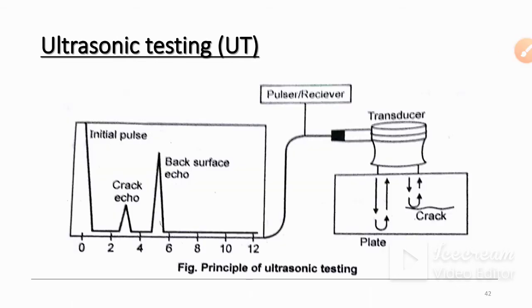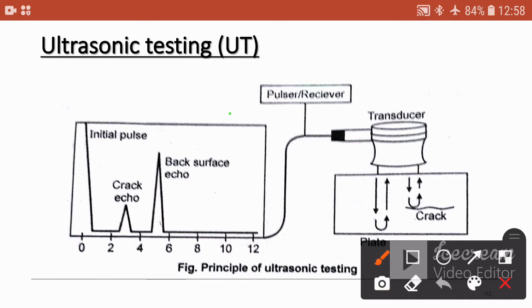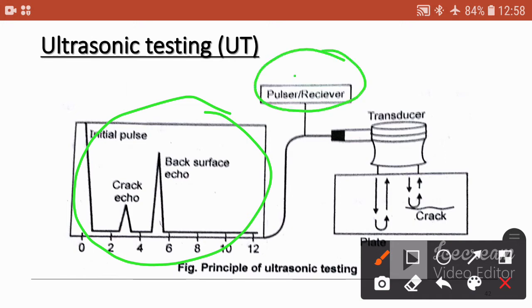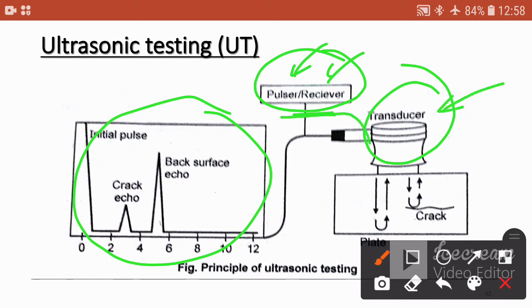So this is our setup. This is our display device. Okay, this is the pulsar or receiver. This works as a pulsar and receiver also. This is our transducer. The function of the transducer is to transmit these pulses into the material, and this is the material specimen.